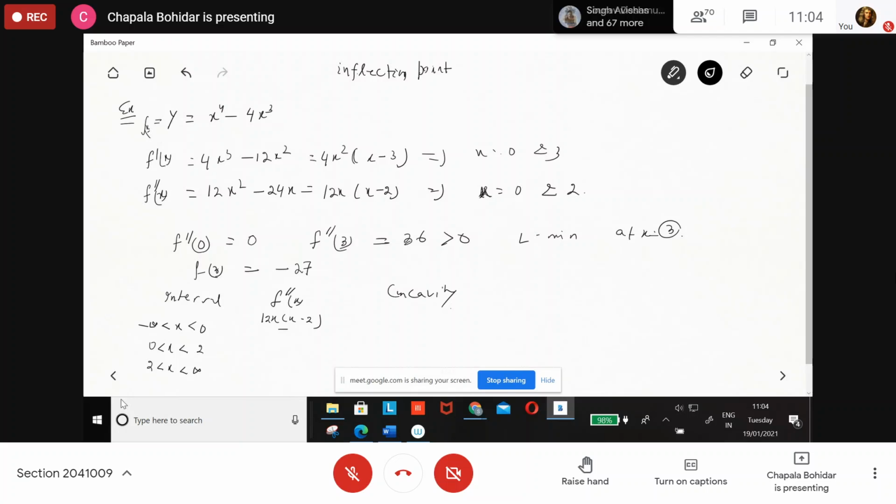If it is positive, upward or downward? Upward. According to your theory. Then from 0 to 2, x is positive but x minus 2 is negative because x is less than 2, so the product is negative. So it is concave downward.